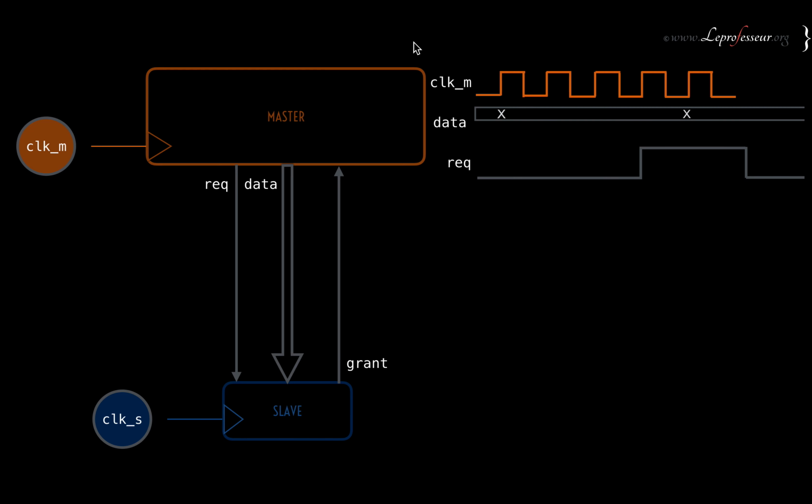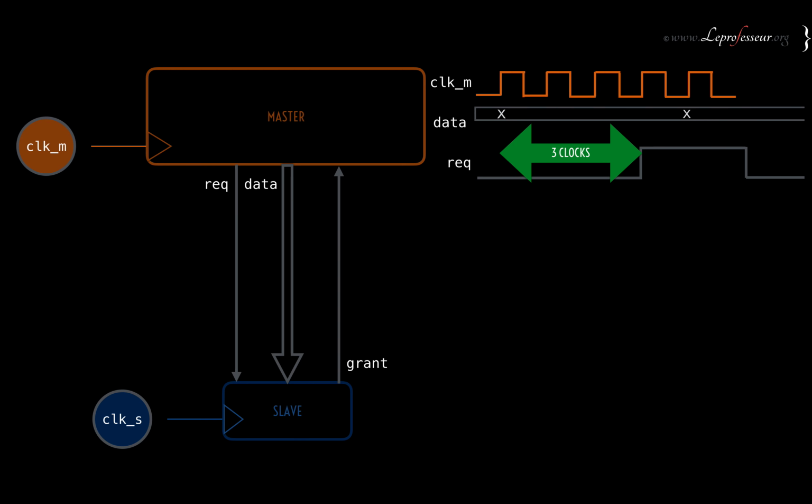So let's draw some diagrams. Clock M, master clock, is running at some frequency and data is changing at the master clock, and then the master sends the request. Now one protocol, specification or requirement can say that the request should be asserted only after a certain number of clock cycles the data is stable.